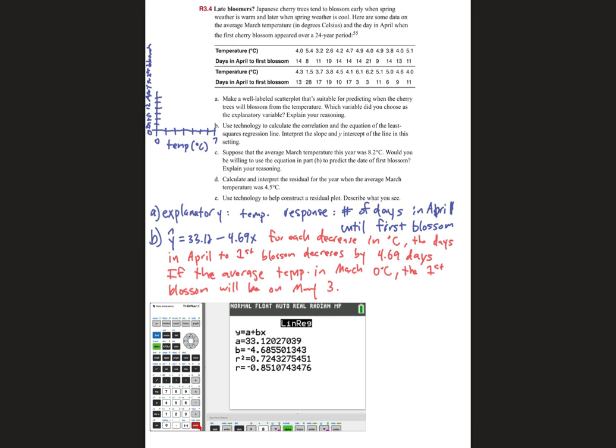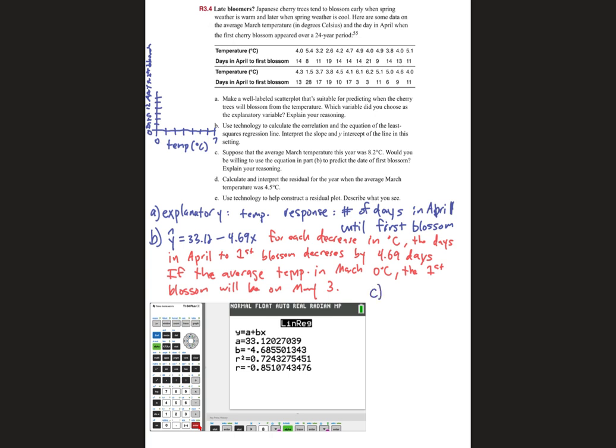So, okay, part D, calculate and interpret the residual for the year when the average March temperature was 4.5. So now we'll go back to the calculator. Remember, we stored this regression equation in y1. Let's write this first.